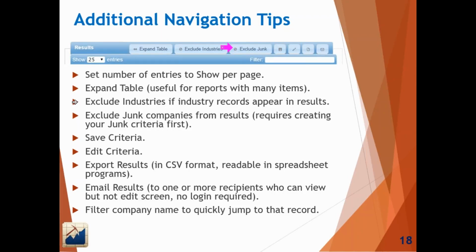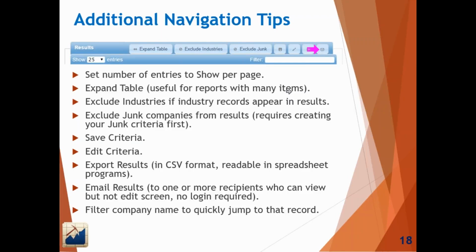The next little icons here, we've got our save criteria icon, which allows you to save it. We've got our edit criteria, so you can go back and change the criteria of a screen. We've got the little export button here. This allows you to export in an Excel or spreadsheet readable program. And then finally, we've got the email button here, where you can email your stock screen to club members or other friends and colleagues.